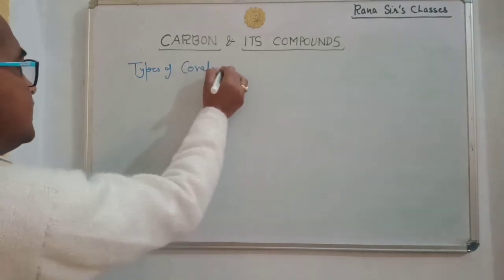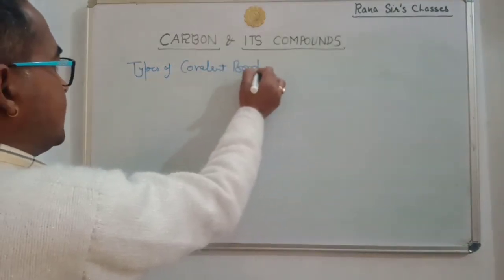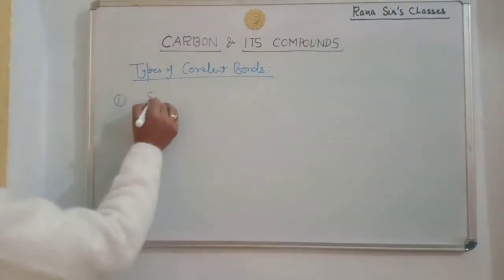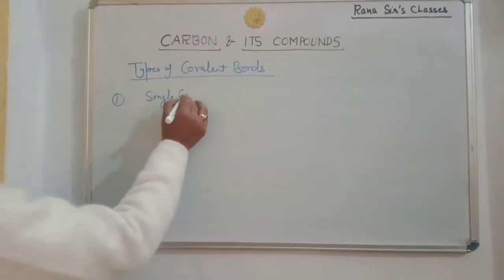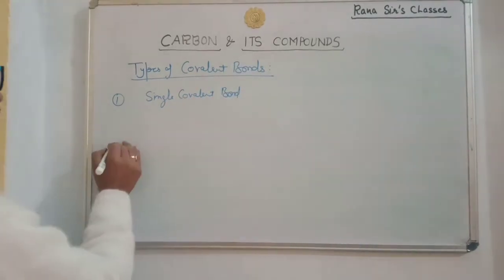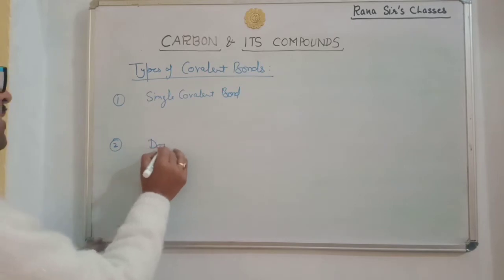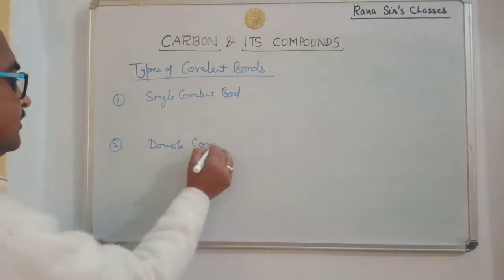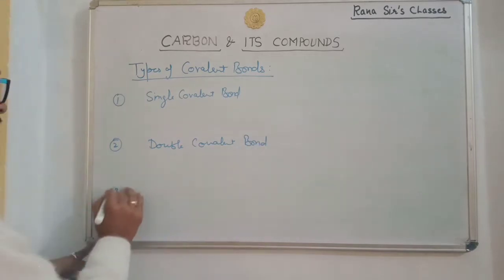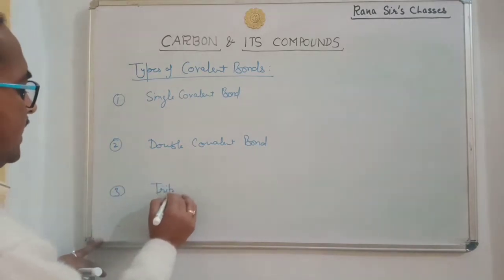Number one is single covalent bond. Then we have double covalent bond. Then we have triple covalent bond.